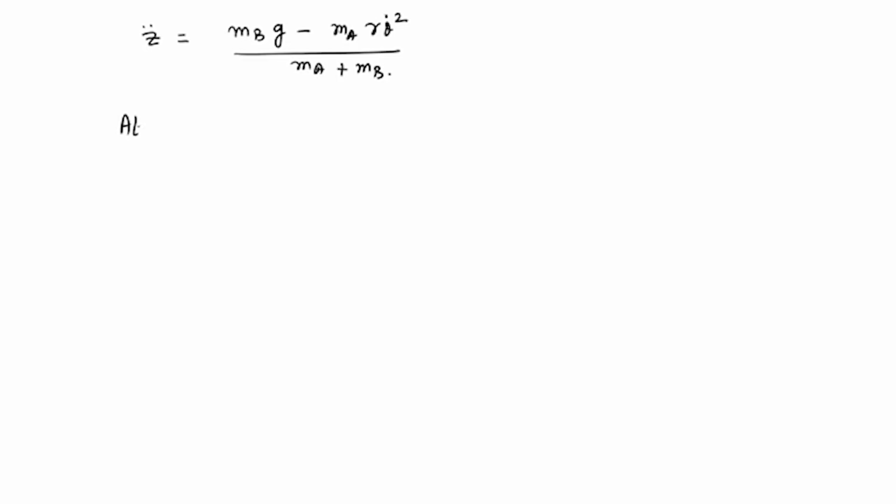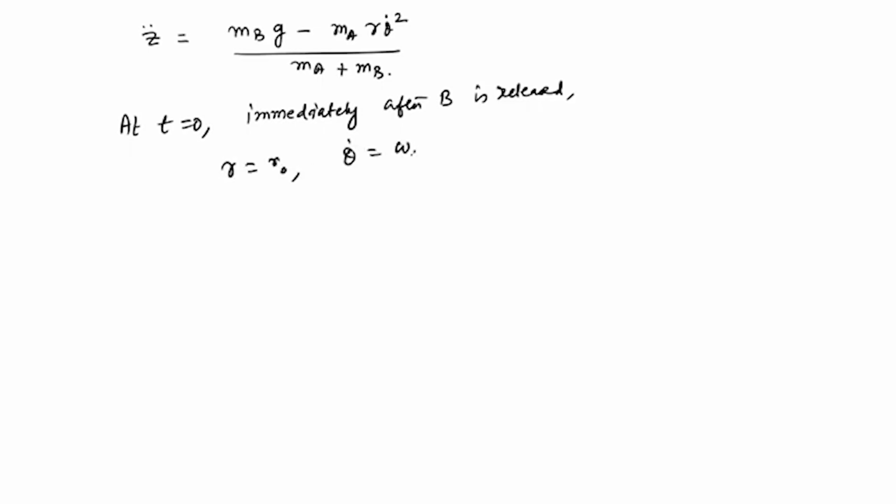So, at t equal to 0, immediately after B is released, r is equal to r_0 and theta dot is equal to omega_0.